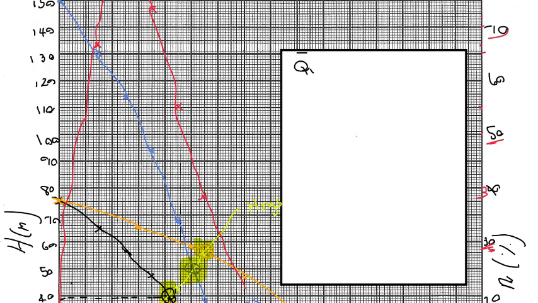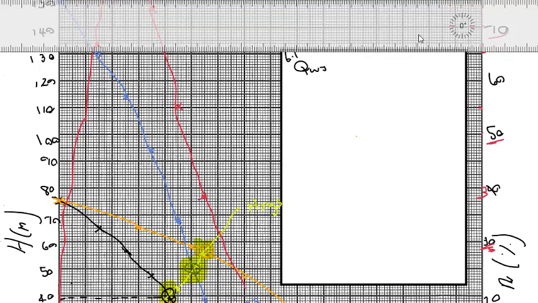So we'll have QW, so this is for question 6.1. So our QW there will be equal to 0.042. So how do I get that?